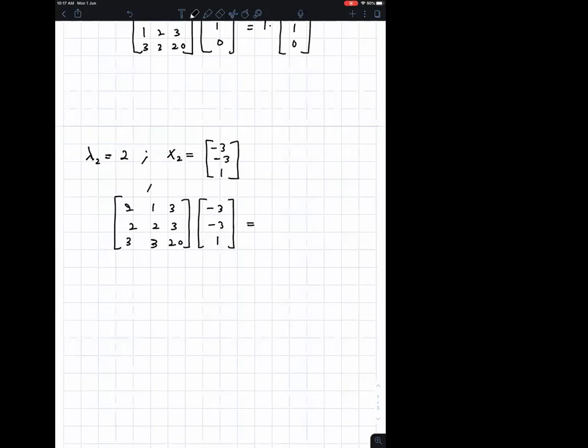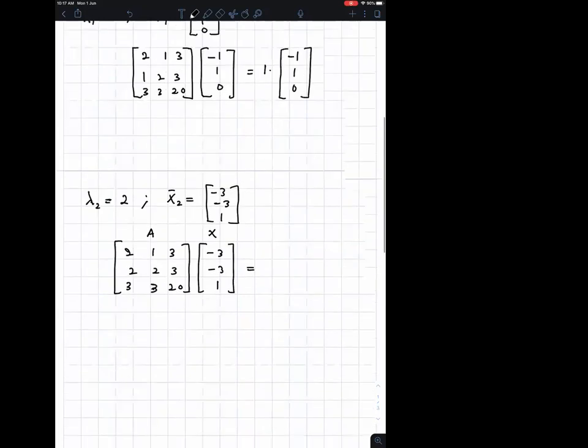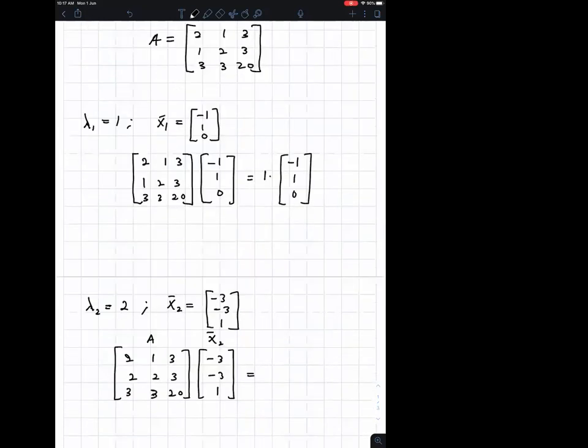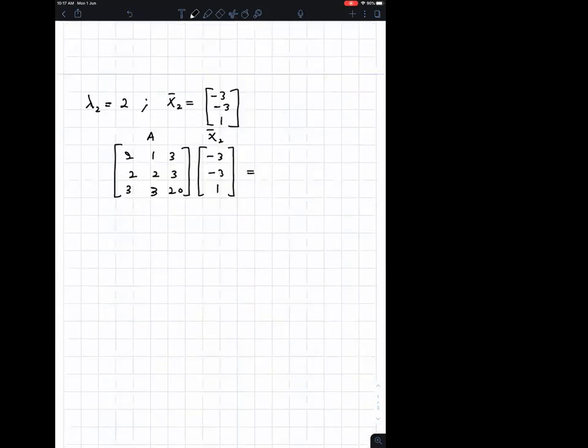So this is the matrix A, and this is the eigenvector x2 bar, so x1 bar. If you multiply it, if you do the multiplication, you will get minus 6, 2.